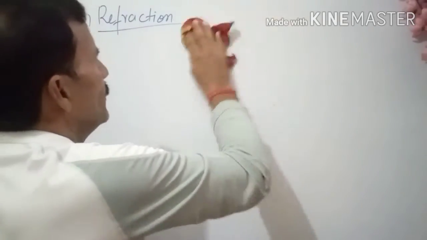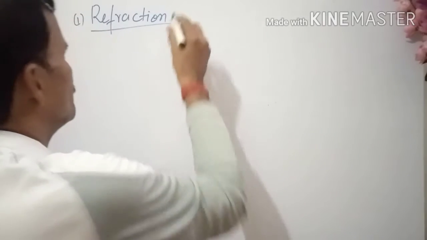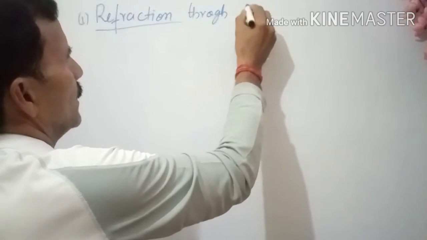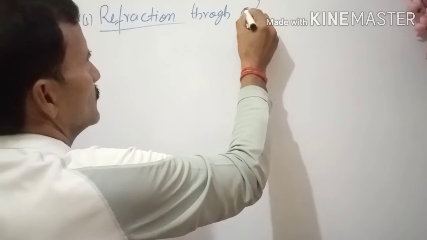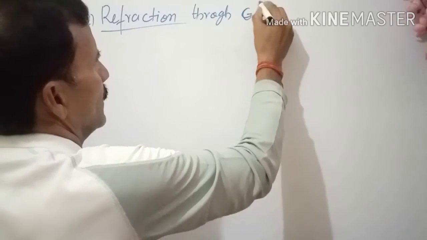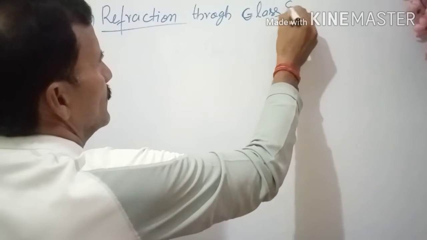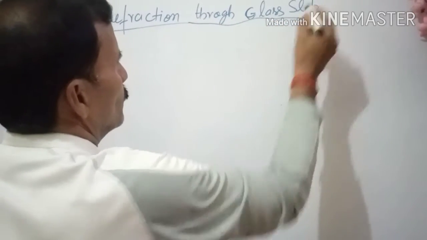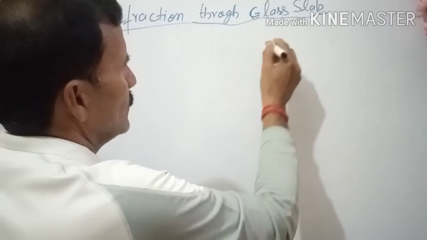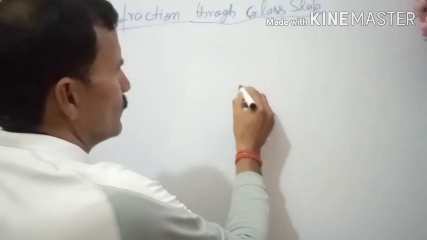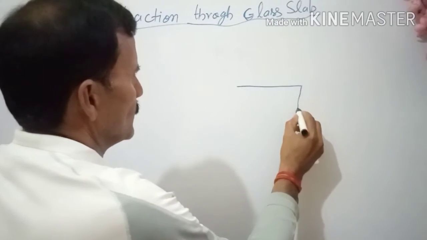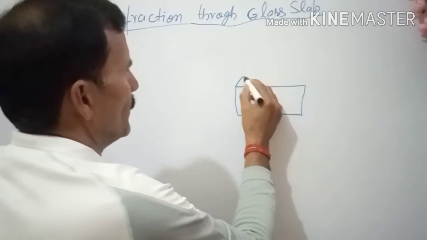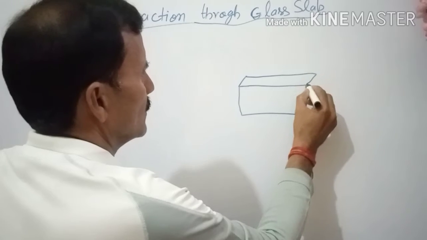Now come to refraction through a glass slab. Suppose we are taking a glass slab. What is a glass slab? It is rectangular, a cuboid made up of glass.